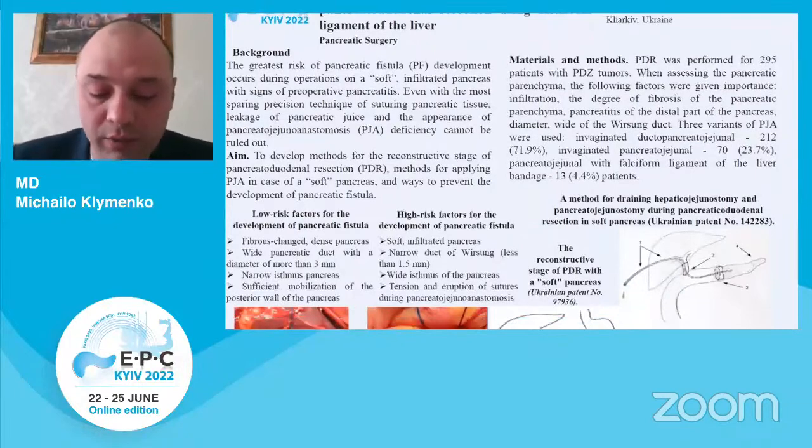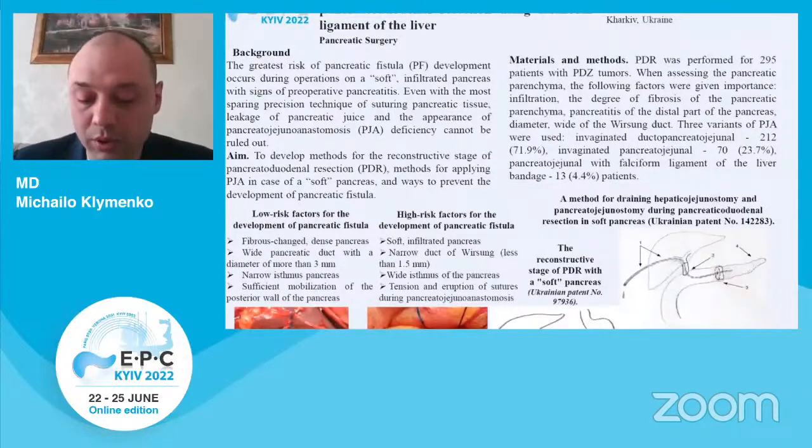High risk factors for the development of pancreatic fistula were the presence of a soft, inflamed pancreas, a narrow duct of Wirsung less than 1.5 millimeters, a wide isthmus of the pancreas, and tension and eruption of sutures during pancreatic jejunal anastomosis.